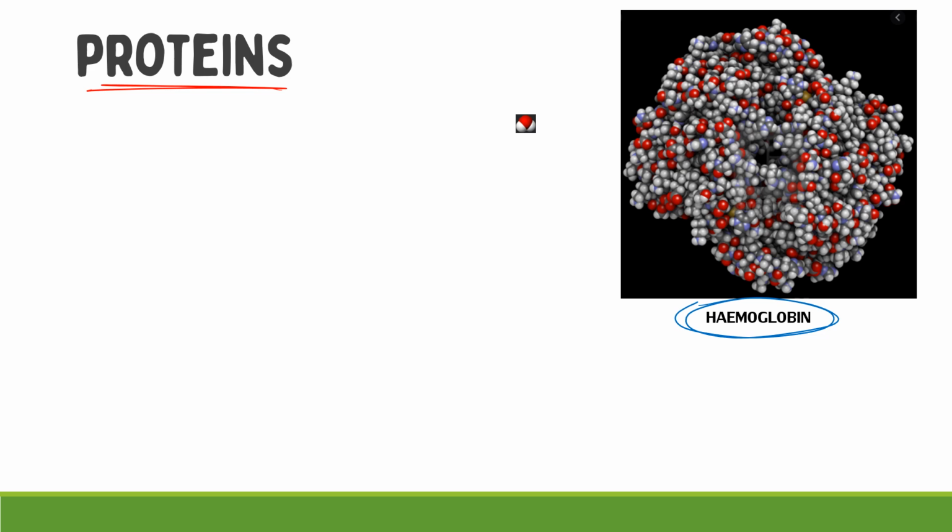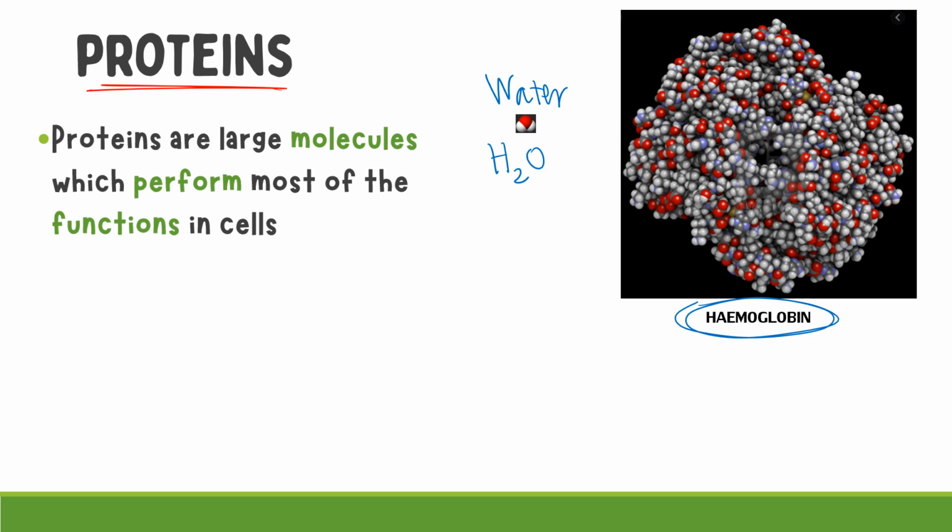Next to it, we've got a tiny water molecule here, which is H2O, 2 hydrogen atoms, which are the white atoms, and 1 oxygen atom. You can see how huge protein molecules are. They're made of hundreds or even thousands of atoms. And that helps them to have a huge, wide range of properties and functions.